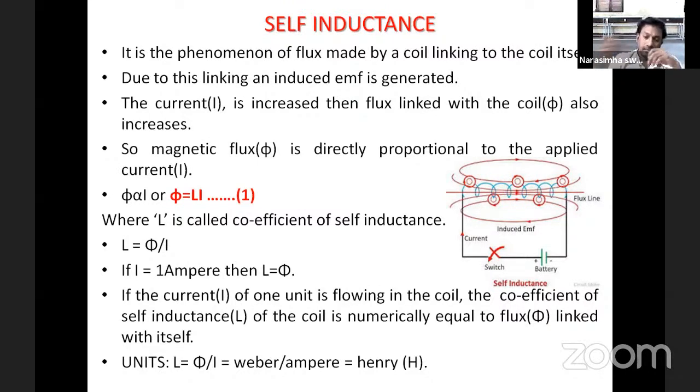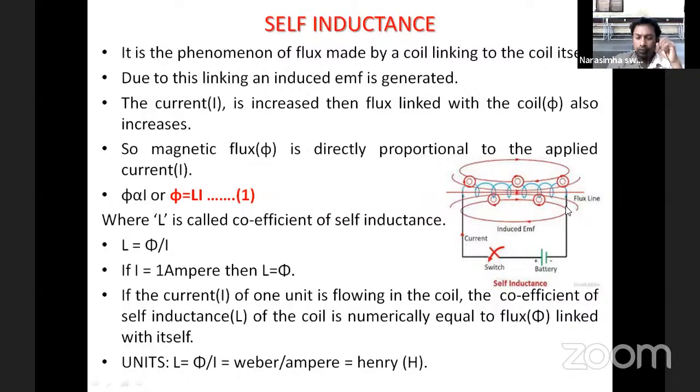See here, for self-inductance, this is built on what we discussed in Faraday's laws and Lenz's law. Look at this diagram. There is a coil, the blue colored line. The moment the battery is connected, the current moves in this direction through the coil.